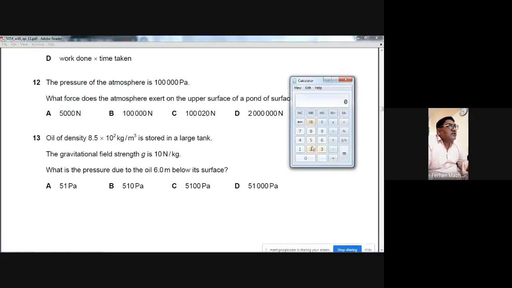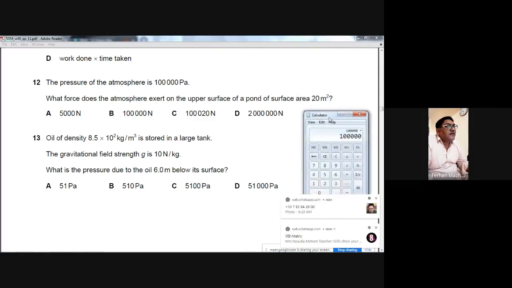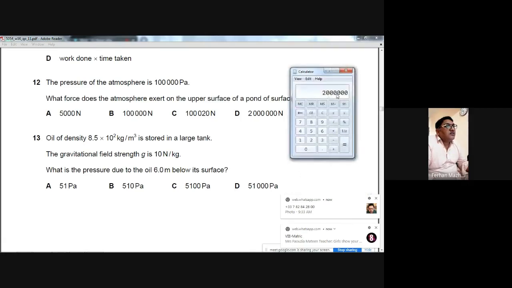You know the pressure 100,000, and I will multiply it with the surface area. The surface area is 20. The answer you get is 2 and 6 zeros. So D is the choice. Question number 12, you have got the D choice.